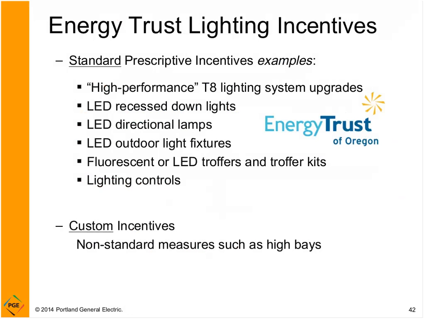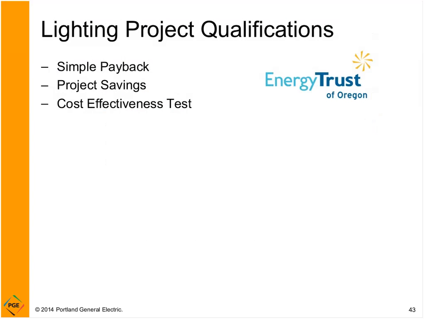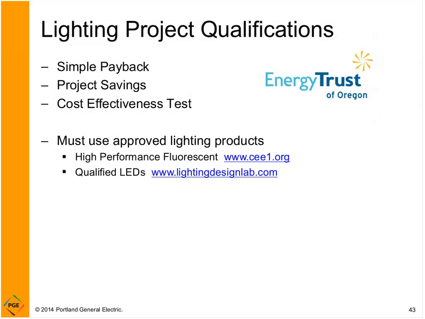If you see something that's not on the list, some non-standard measures like high bays, you can still qualify for incentives through Energy Trust. And it's easy to qualify for incentives. It just needs a simple payback of more than a year, needs to save 25%, and it needs to be cost effective. And if you use linear fluorescent, you need to use approved products.